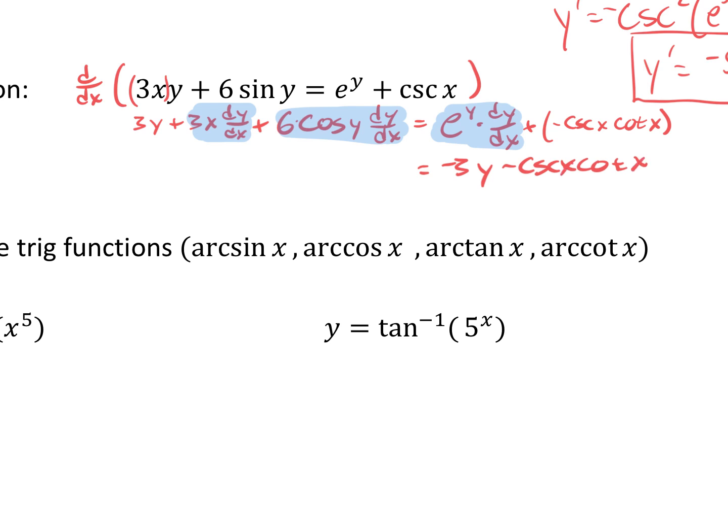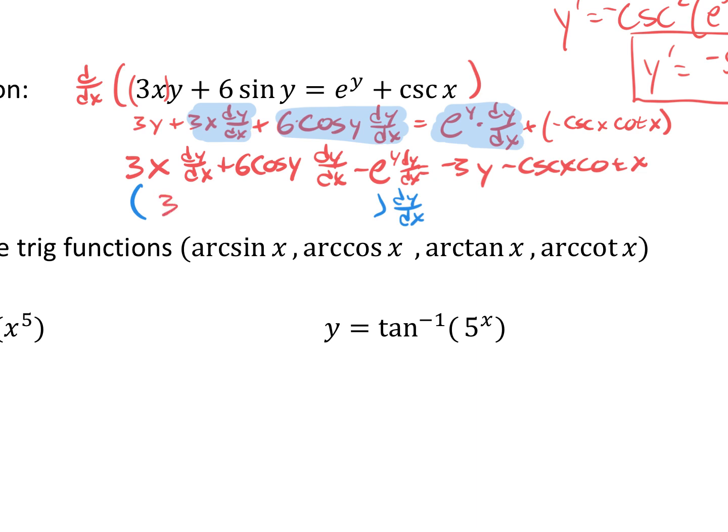And then we'll subtract this e to the y over. And we'll have 3x dy/dx plus 6 cosine y dy/dx minus e to the y dy/dx from the other side. Then we want to factor out the dy/dx.